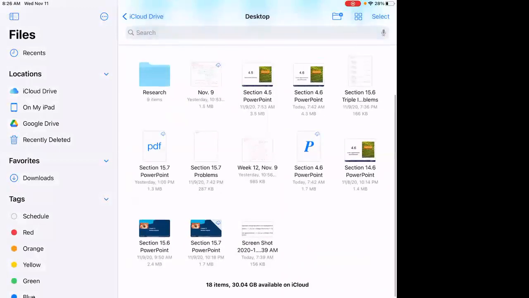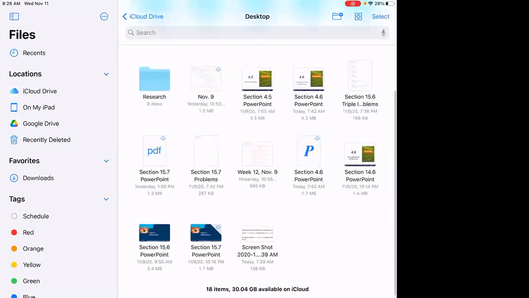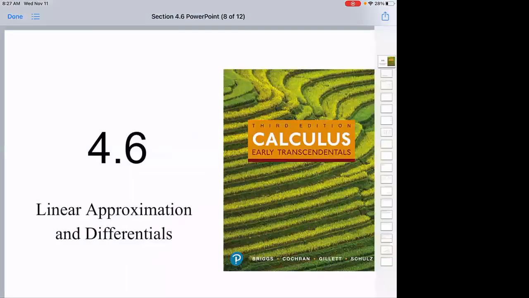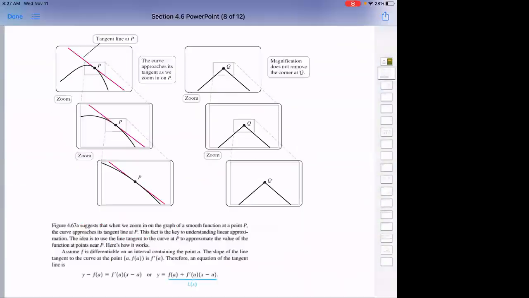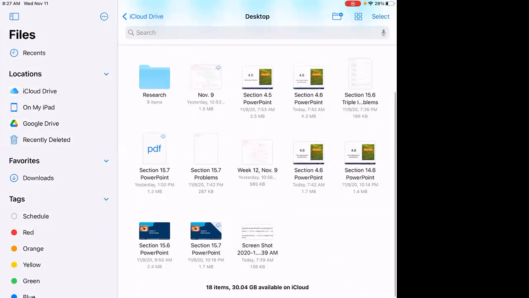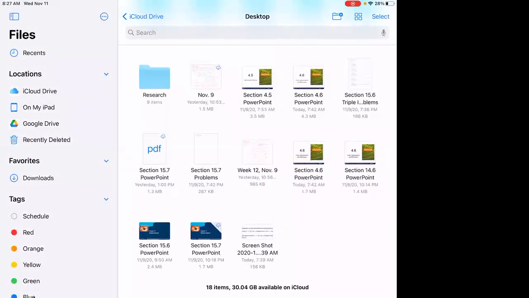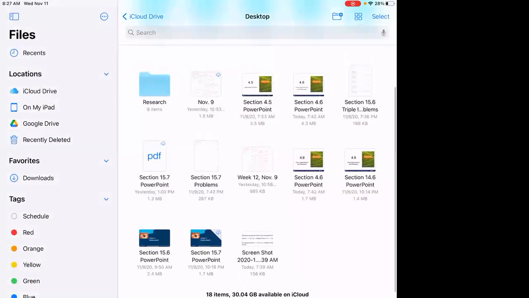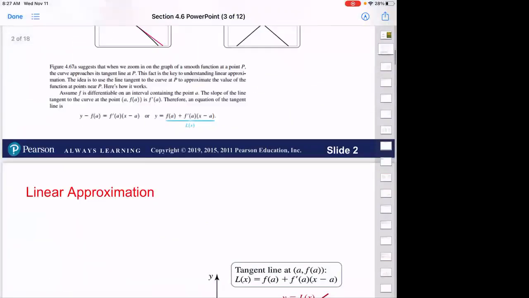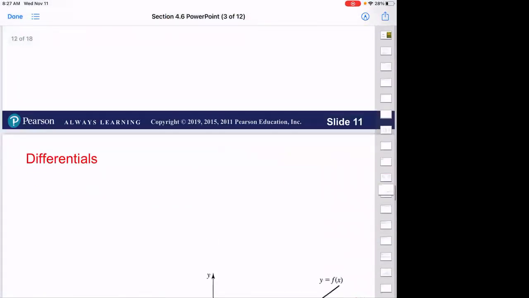Not this one. 14 point, this should be 6. This one. We were working on this yesterday.